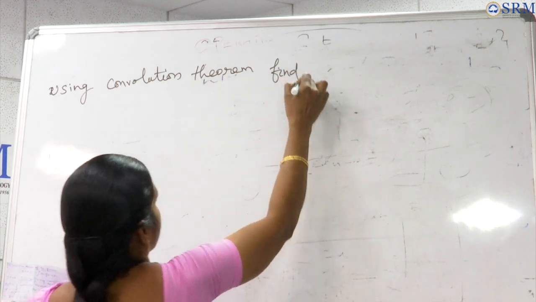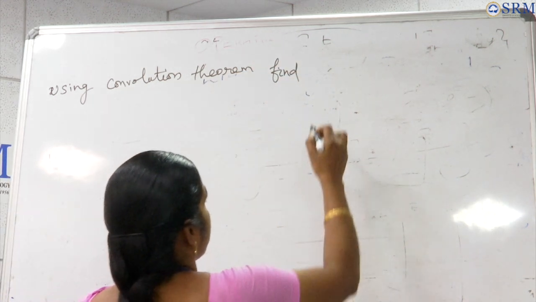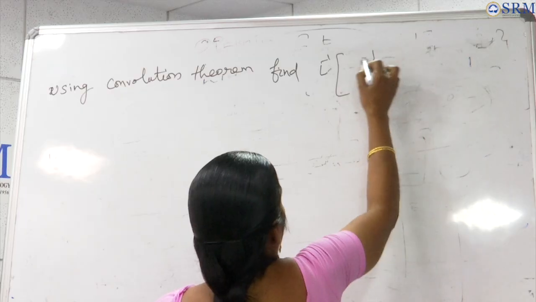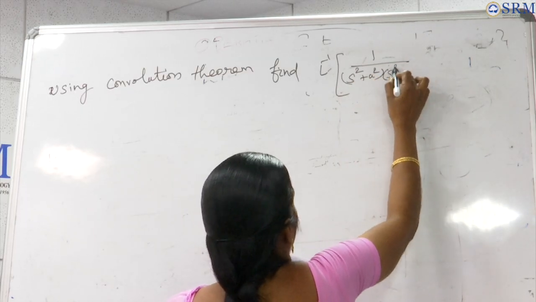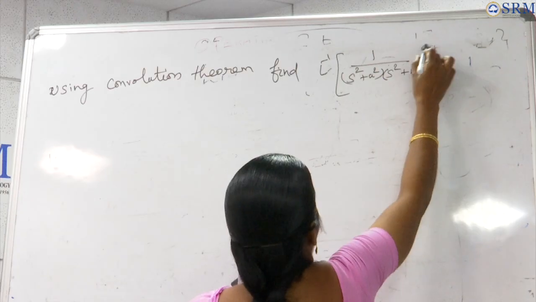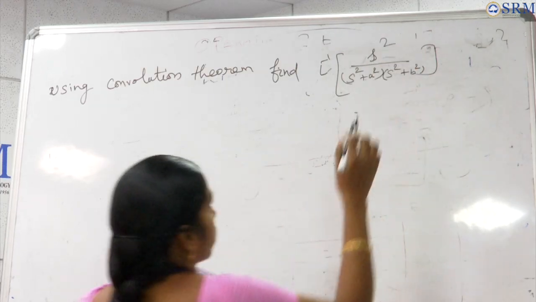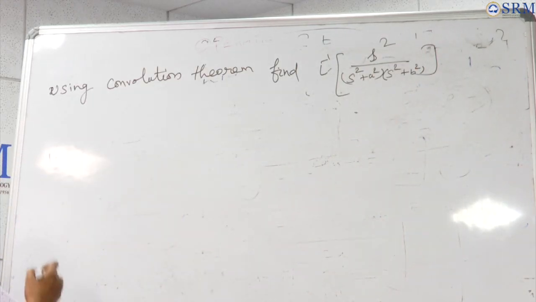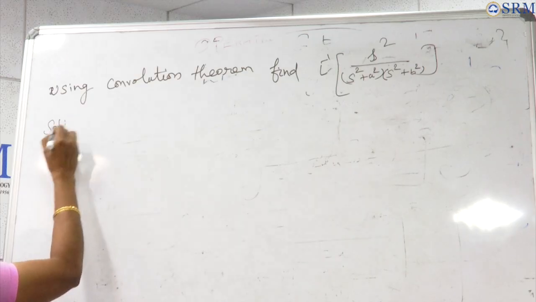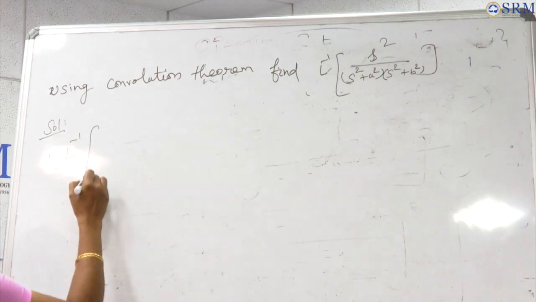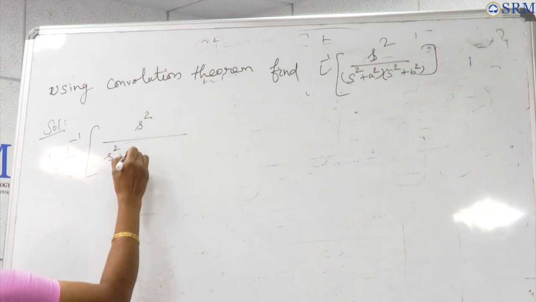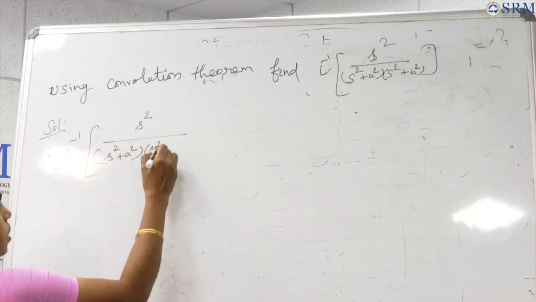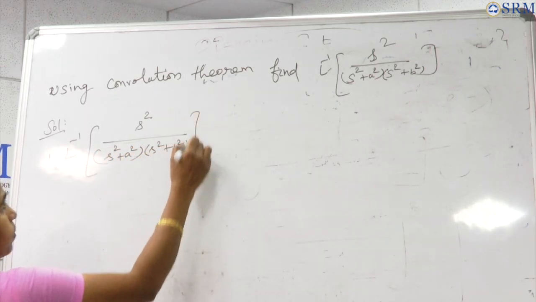Find L inverse of 1 by s square plus a square, s square plus b square, where the numerator is s square. So the solution of that question is L inverse of s square divided by s square plus a square, s square plus b square.